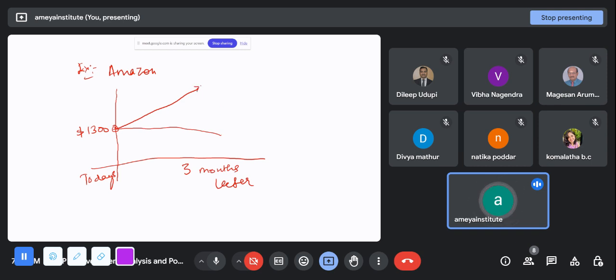Suppose after 3 months the stock price goes to $1,500, or it falls to, let's say, $1,000. So today's price of Amazon is 1,300, and after 3 months it may go to 1,500 or it may go to $1,000, right?